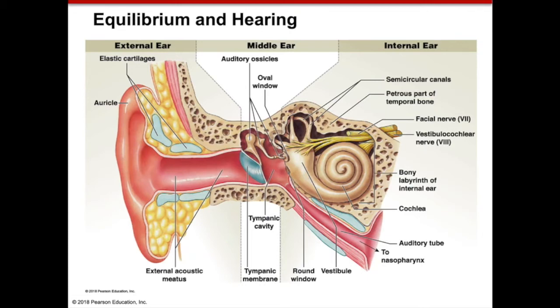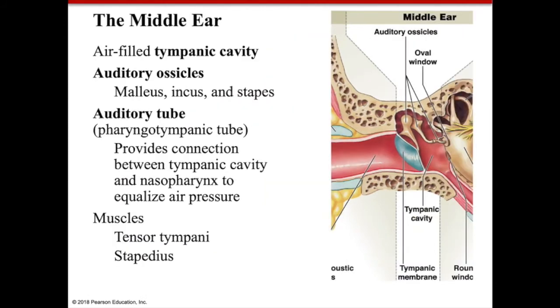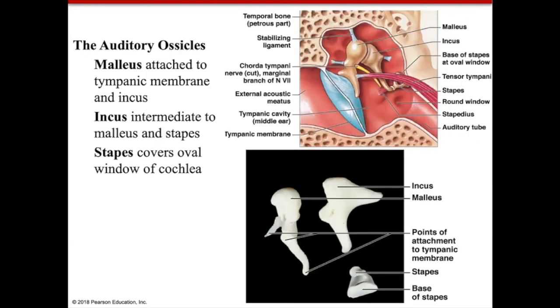In addition to the auditory tube, there are also 2 muscles, the tensor tympani and the stapedius, which are not clearly seen here, but I'll show you in a little bit where they are. So here are the muscles. So you see the tensor tympani and the stapedius. And in this slide, I'm also showing you the auditory ossicles, the malleus, the incus, and the stapes.